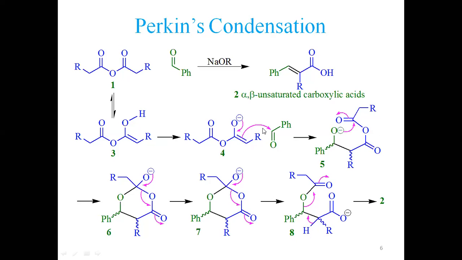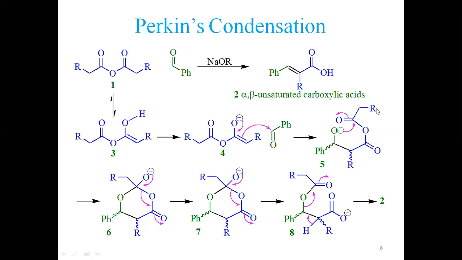This donates electron density to this carbonyl carbon and undergoes this simple addition. It is not following the tetrahedral mechanism because there is no leaving group present in this substrate. All right. So we are getting this oxygen, this carbon which is the acceptor carbon, and this is the donor carbon. This donor carbon is making a bond with the acceptor carbon, and this is the anhydride.